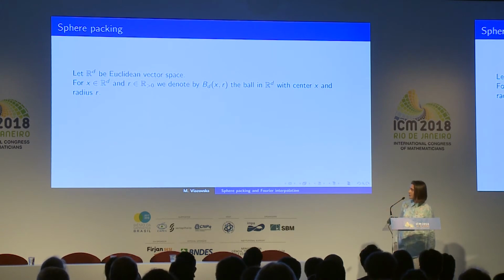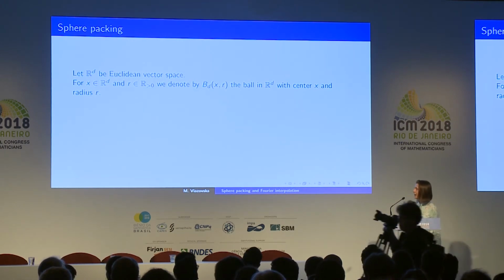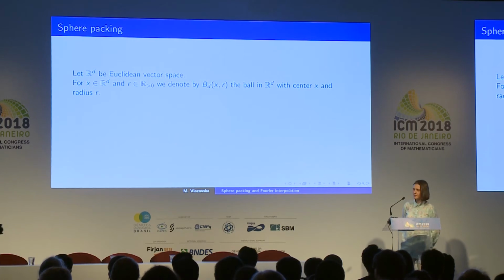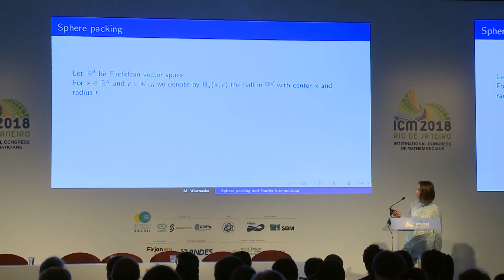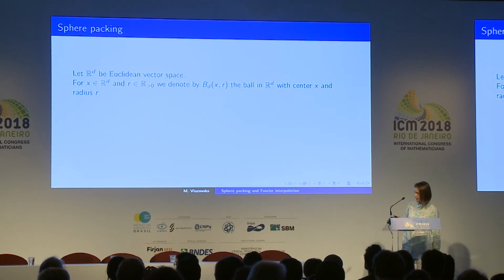So let's start with a classical geometric problem, which is sphere packing. It was already mentioned in a previous talk today, and now let's give it a mathematical definition. We consider a d-dimensional Euclidean space, and we denote by B^d(x, r) an open ball with center at x and radius r.